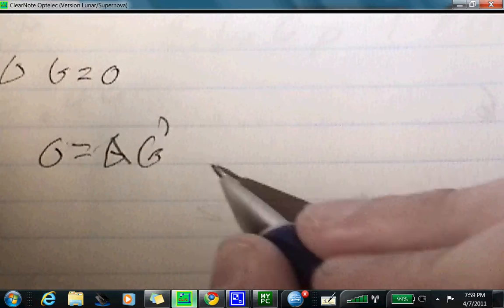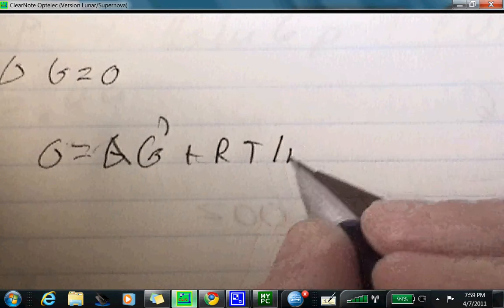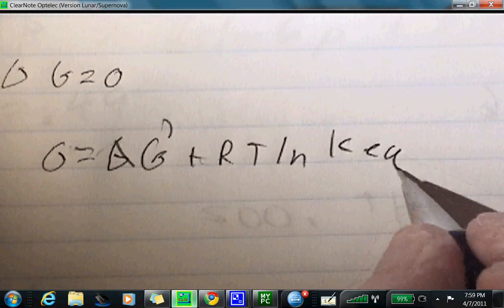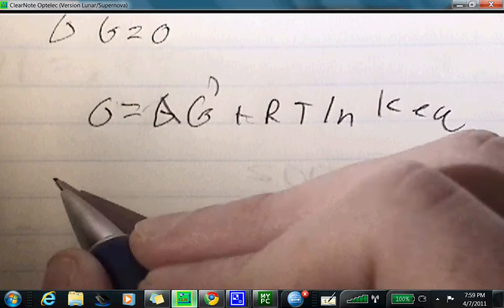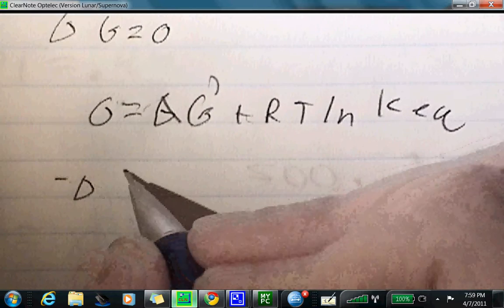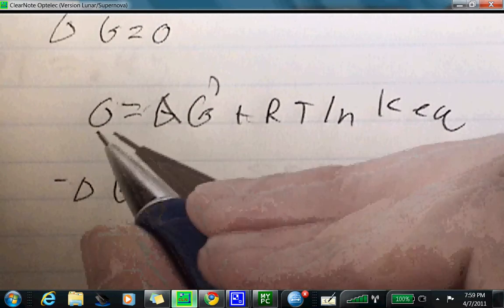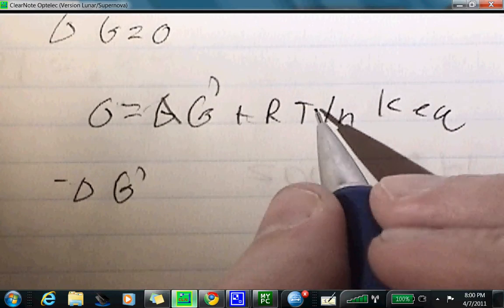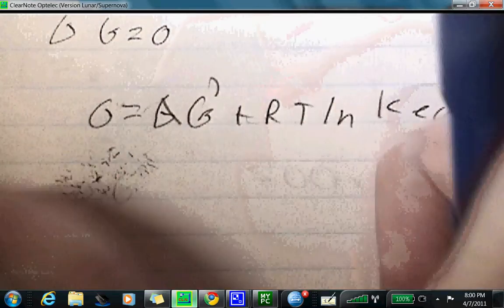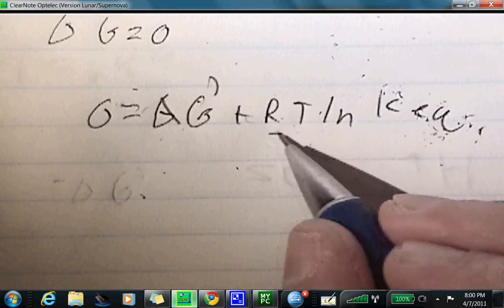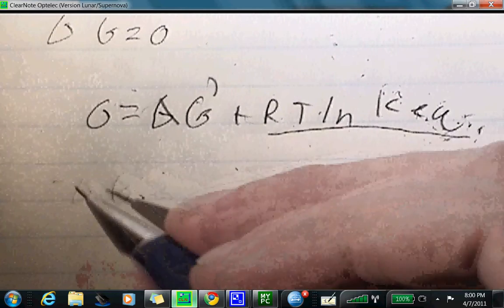Okay, so let's rewrite our equation now. So now we have 0 equals delta G prime plus RT ln Keq. After doing some algebra, I'm going to subtract this whole thing from this side of the equation to make it easier to explain.